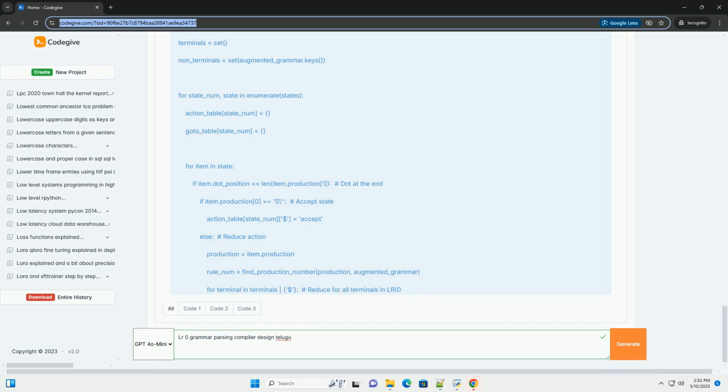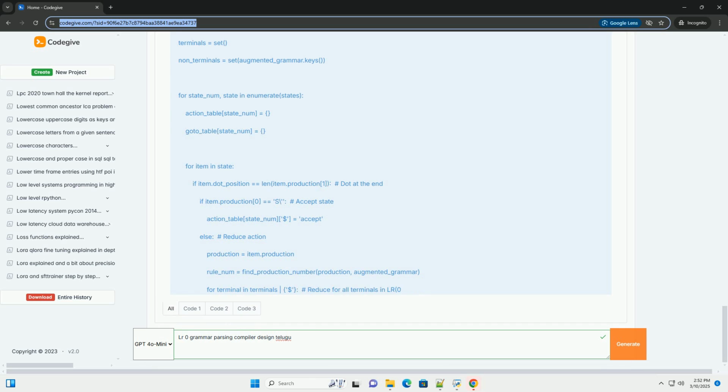Accept, the parser has successfully parsed the input. Error, the input is not grammatically correct. Parse stack: a stack data structure used to keep track of the symbols and states that have been processed.